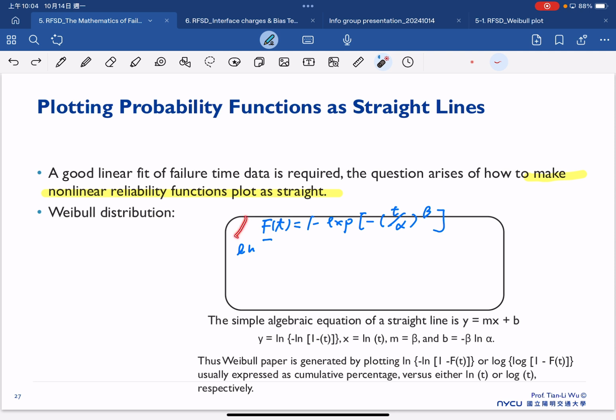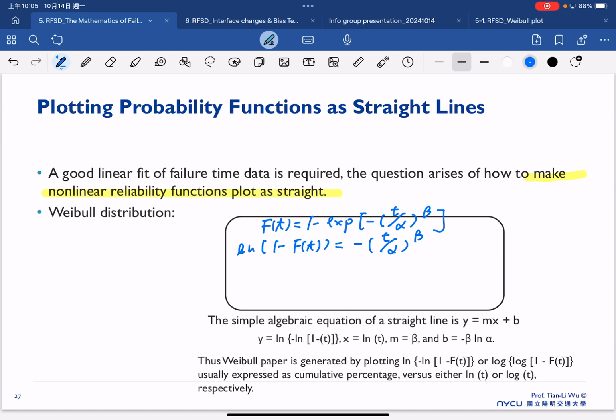First we move this term over, and put a natural log on each side. The natural log will cancel the exponential, so then this equation will become like this one.